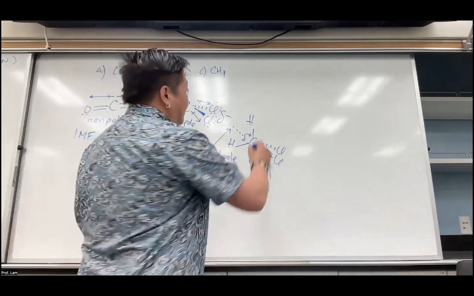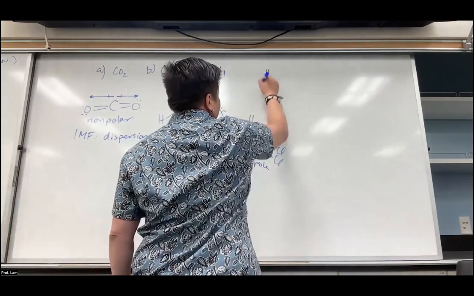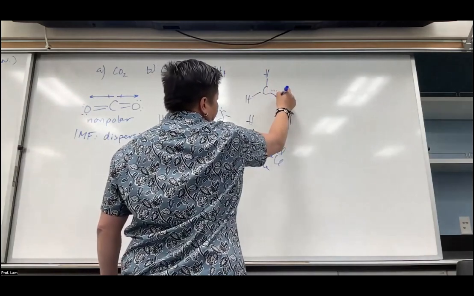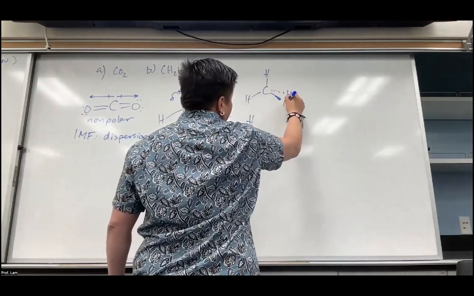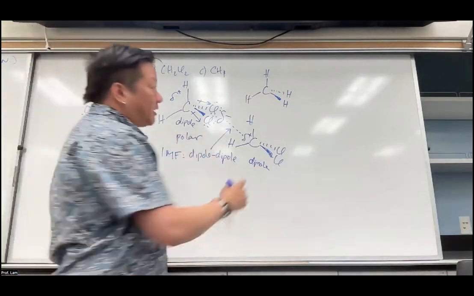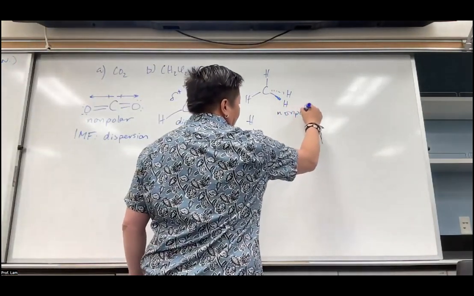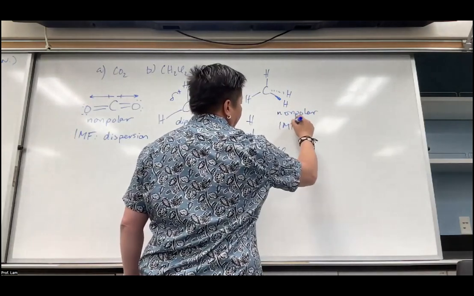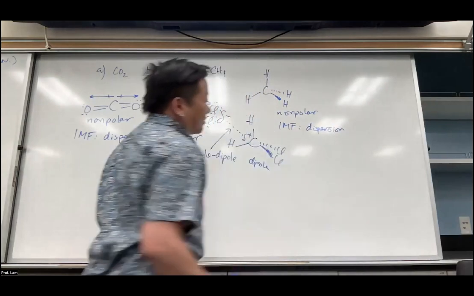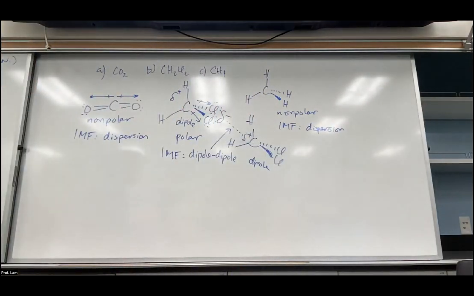CH4, you guys can see easily already. This is not dipole-dipole. Again, you have tetrahedral, so I can't even draw any polarity arrows on there. It's completely non-polar. So what is the IMF for this one? Dispersion. Okay.